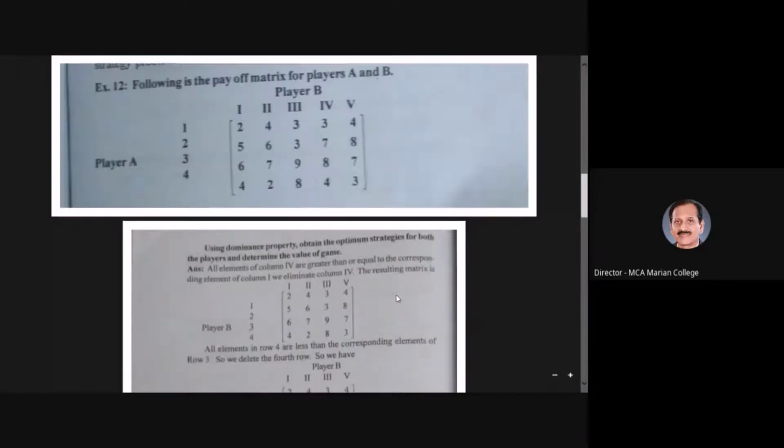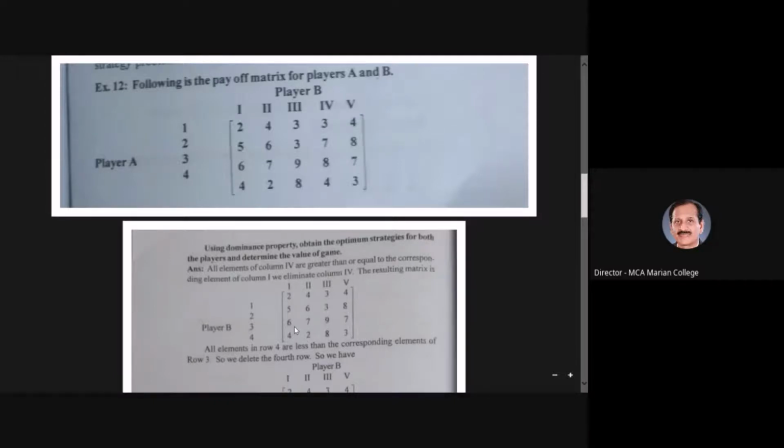Then all elements in row 4 are less than the corresponding elements of row 3. Here row 4 means 4, 2, 8, 3. Row 3 is 6, 7, 9, 7. All the elements of row 4 are less than or equal to the corresponding elements of row 3.